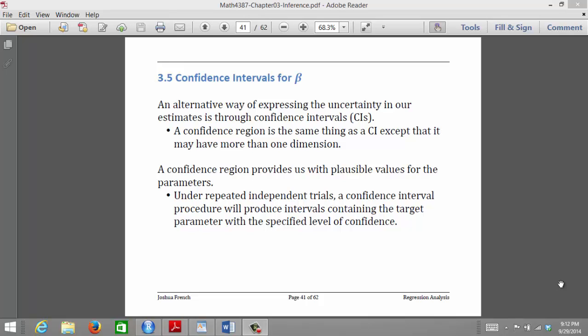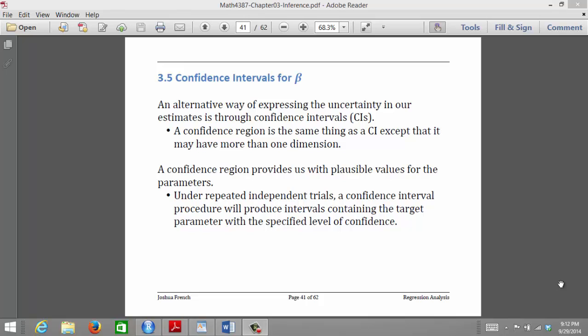And in terms of the interpretation of a confidence interval or confidence region, it has to do with repeated samples from our population. So imagine taking lots and lots and lots of samples from our population. And for each one of those independent samples, we construct a confidence interval or confidence region. And you have this confidence level that you get to decide.